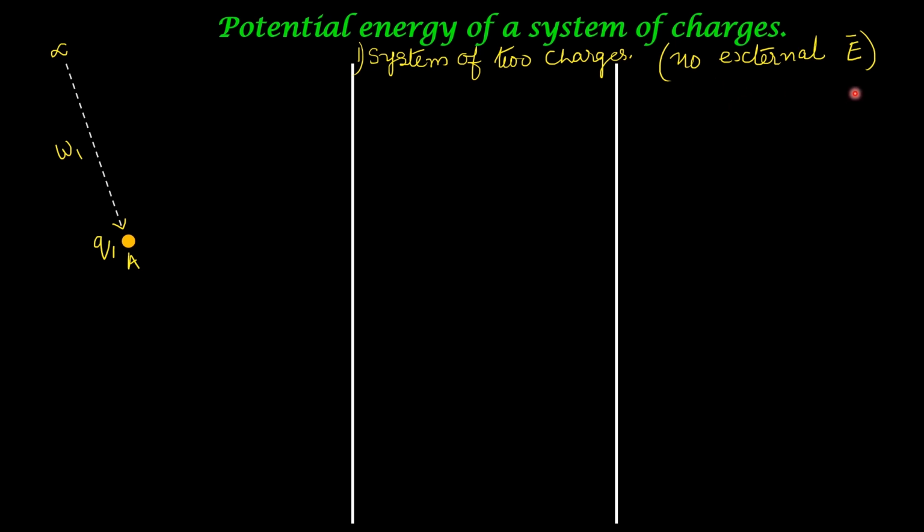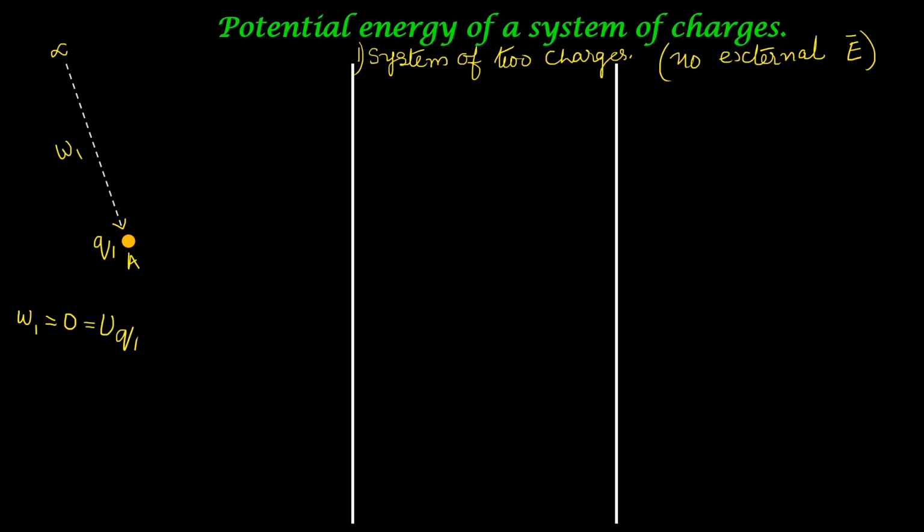As there is no electric field initially in the location, no work need be done on the charge to shift it to the location A. So W1 is equal to 0. That is potential energy of Q1 also is 0.